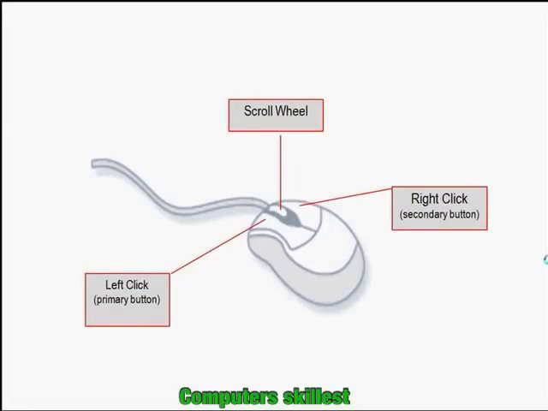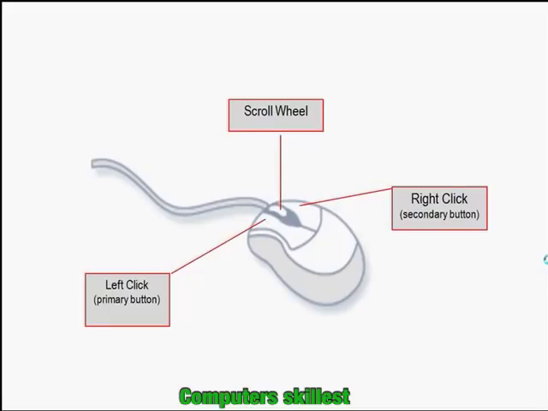The mouse is usually connected with a wire to the computer, although these days wireless mice are becoming more and more common. They work the same way, but with a wireless mouse, you just have to make sure you've got it pointed the right direction. When it is pointed the right direction, the side facing the computer, or away from you, is going to have 2 buttons, one on the left side, one on the right side.